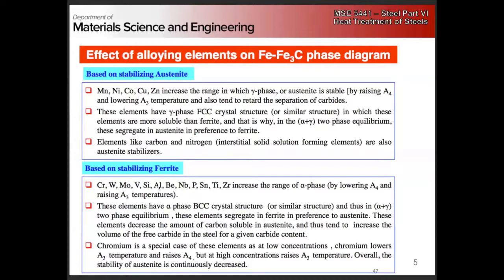But we know aluminum has a high pressure BCC phase. Beryllium is HCP, right? Niobium is BCC. Tin is BCC or HCP, right? Titanium's HCP. So it's not as clear cut. So just because something's FCC doesn't automatically mean that it's going to be an austenite stabilizer.